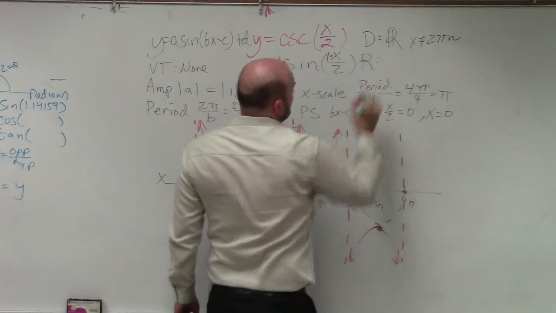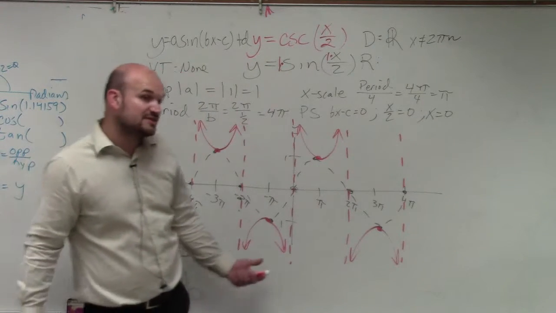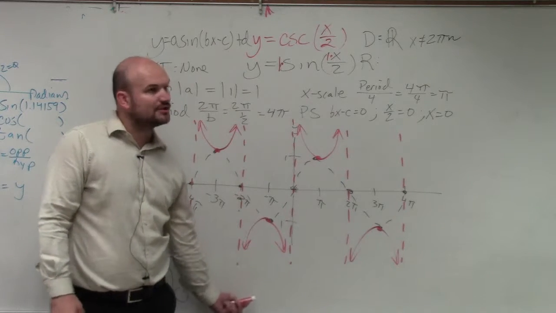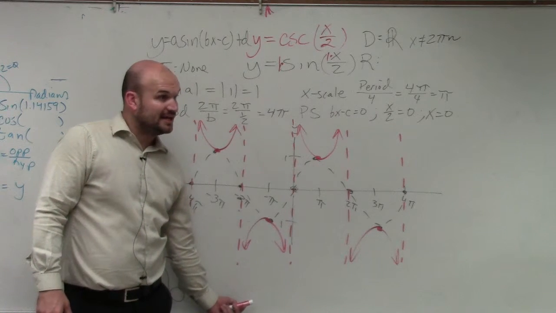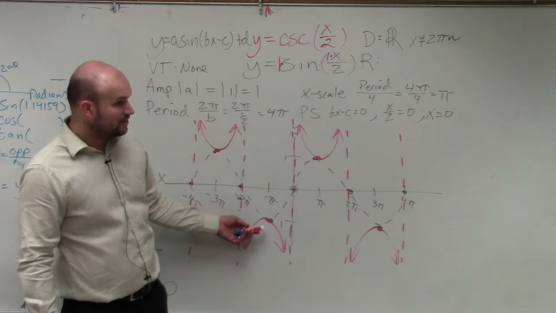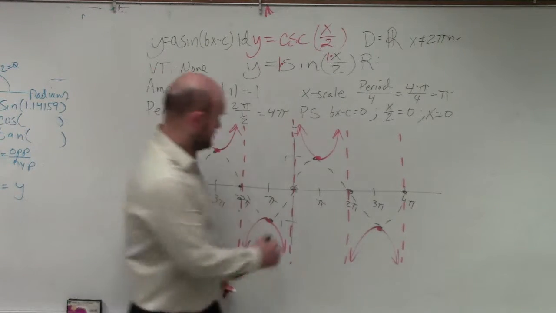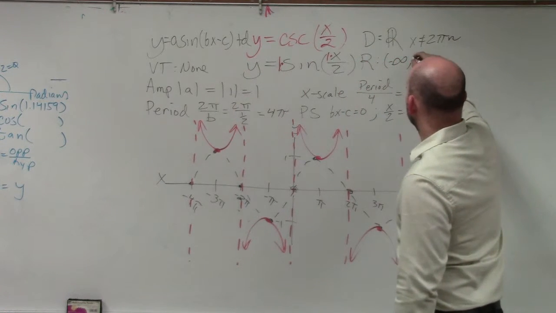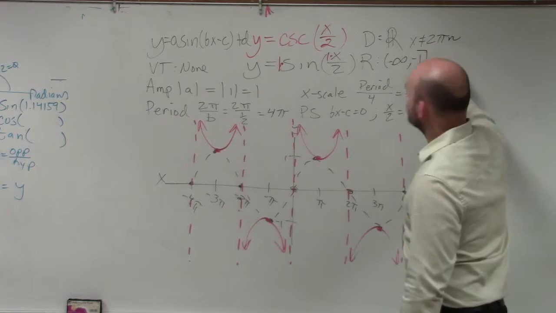Range, we'd want to include. Range is something that we haven't really done as much. Range, how low does the graph go? Negative infinity, all the way up to how high? -1. So that's negative infinity to -1, which is included.